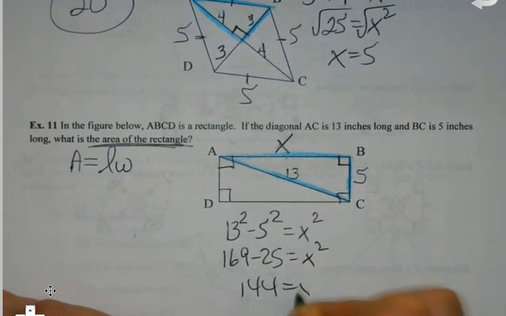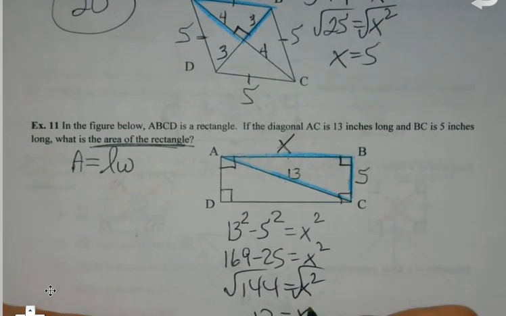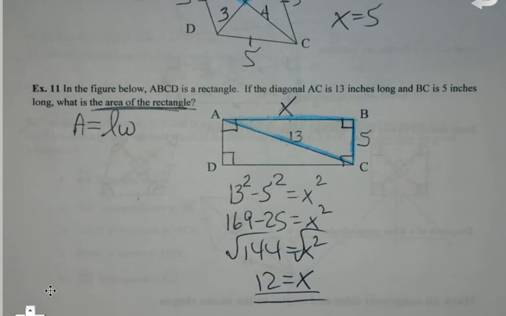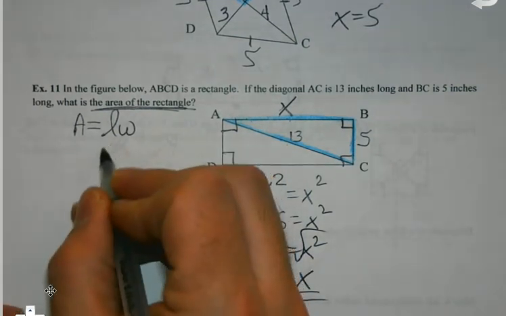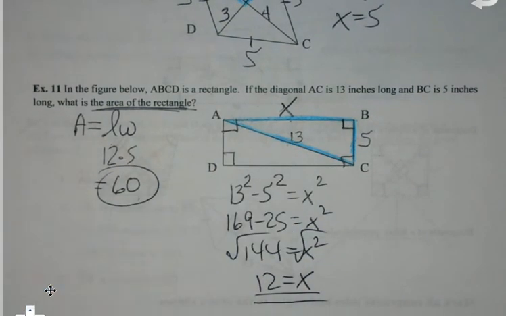And this actually comes out nice, but again, don't just go with the 12 and say, woo, I'm done. No, area. Base times height or length times width. Okay, so make sure that you finish it.